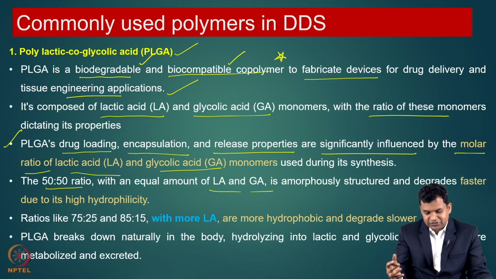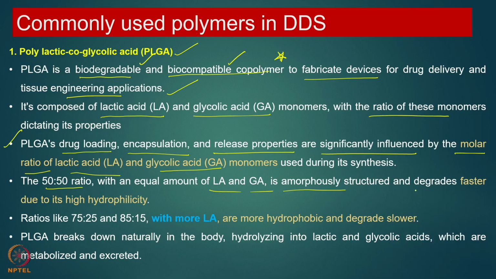So, the structure will be available in the amorphous form and will degrade very fast because of its hydrophilicity. When you use a 50-50 ratio, the degradation will be very fast because the hydrophilicity of the final copolymer is very high.